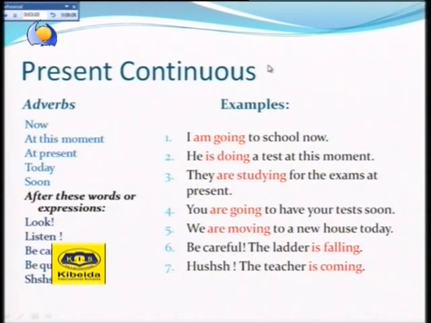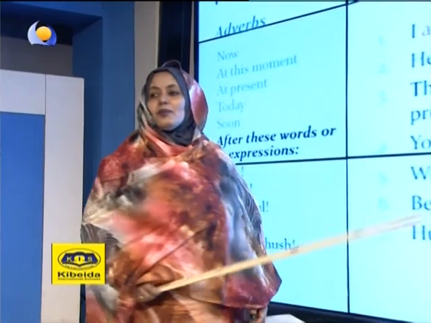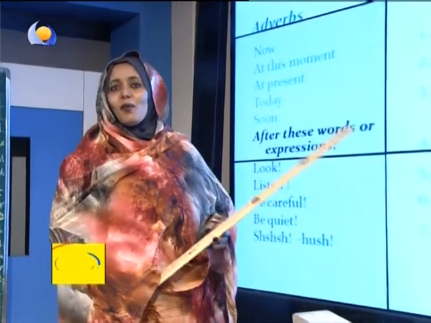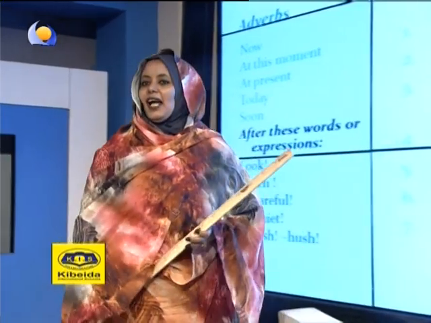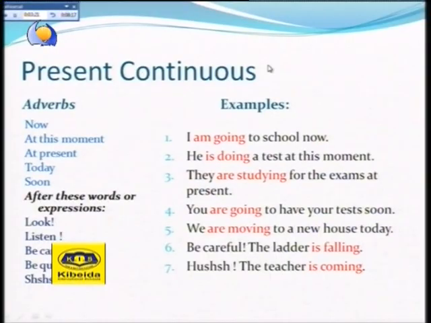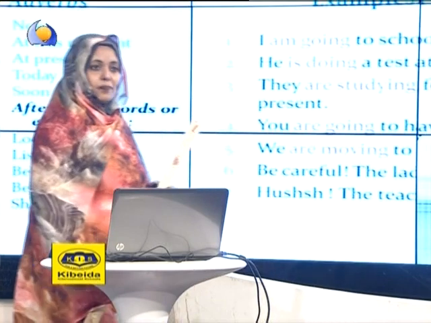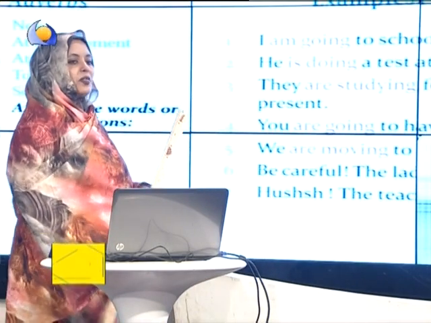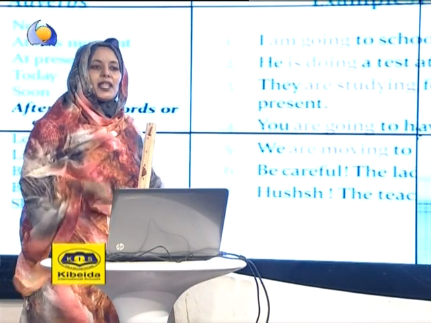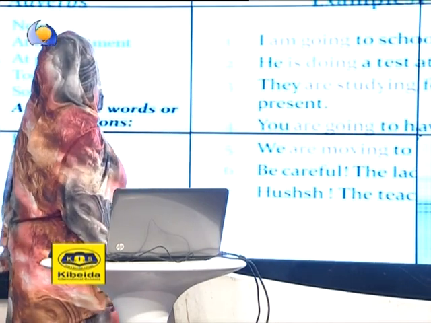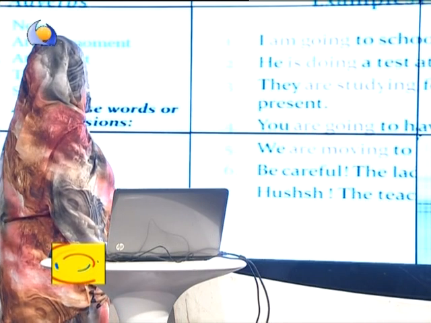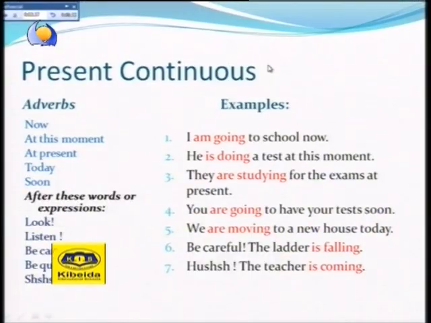This is the question. Am comes where? At the beginning. He is doing a test at this moment. Is he doing a test at this moment? So this applies for all of these, and I hope it's clear. Remember, present continuous tense is used when you are talking about something that is taking place at the time of speaking, or when you find these adverbs: now, at this moment, at present, today, soon, or after these expressions.